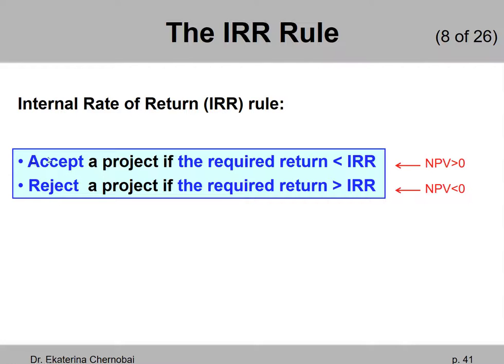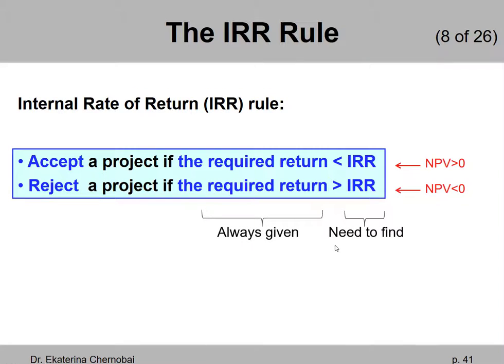Because whenever a project is accepted using the IRR rule, that's when the net present value of the project is positive. So that's when we also say accept when using the net present value approach. And when a project is rejected using the IRR rule, that's when it's also rejected using the NPV rule, because the NPV is below $0.